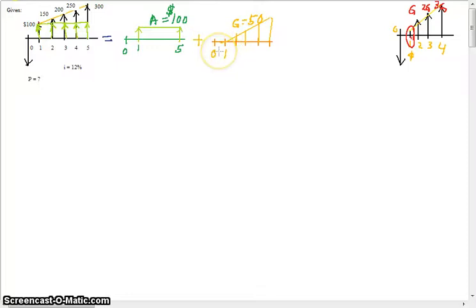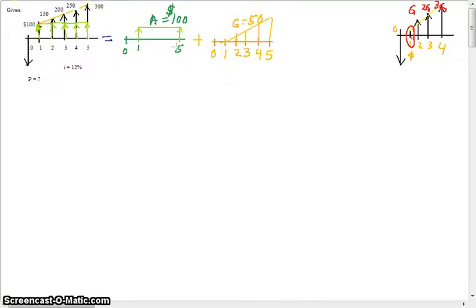So year 1 is 0 in our gradient, but plus the 100 from the uniform series gives us this $100. In year 2, we have our gradient equaling 50, plus 100 from the uniform series equals the 150, and so on. We can do that all the way up to year 5.